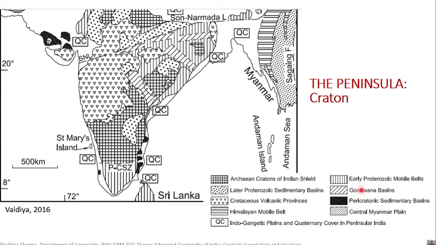Now, early Proterozoic again refers to the time period. Mobile belts are also part of the Indian cratons or the Archean cratons. They are just deformed margins of these cratons because there was continuous drifting of the Indian plate, as you have seen in the earlier slides. So the margins got deformed, and they are called the mobile belts.